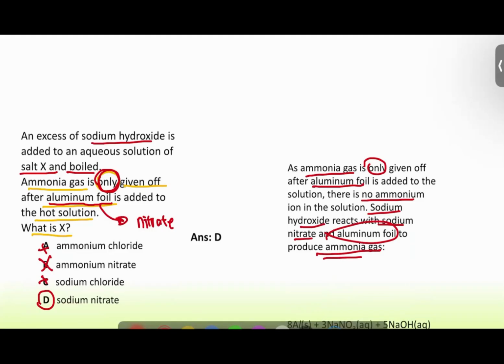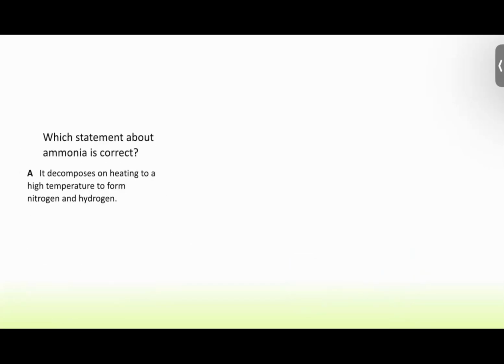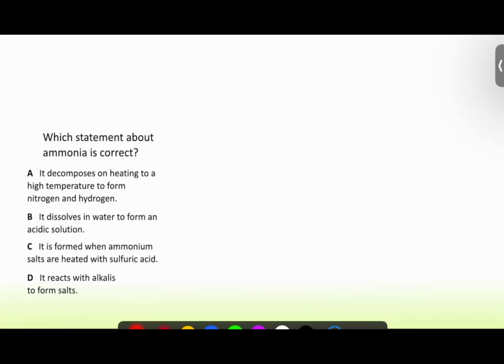Okay, next question. Which statement about ammonia is correct? A: Ammonia decomposes on heating to a high temperature to form nitrogen and hydrogen. B: It dissolves in water to form an acidic solution. This is wrong because ammonia is alkaline.